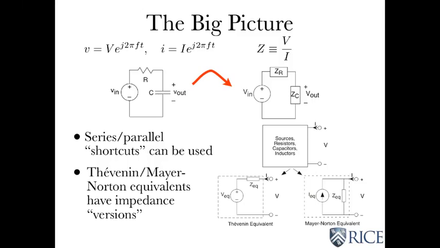Since they were based simply on using the series and parallel rules, and even a bit more generally, the Thevenin equivalent, when you have impedances, is exactly the same, except this is now an impedance and this is a complex amplitude. So the frequency of the source is implicit. All we care about in representing a circuit with a Thevenin equivalent are the equivalent source and the equivalent impedance. And the Mayer-Norton has exactly the same properties we derived before.